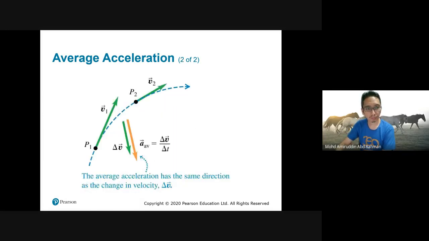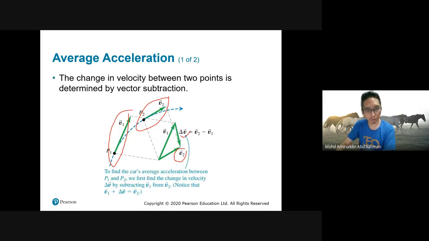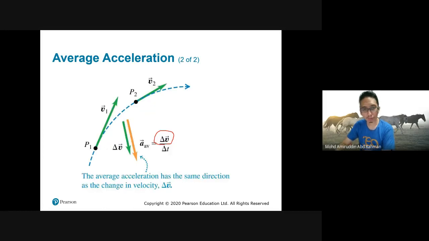And then we find out that the average acceleration is delta V over delta T. We already have the delta V, which is V2 minus V1, and then divide by the time between P1 and P2.